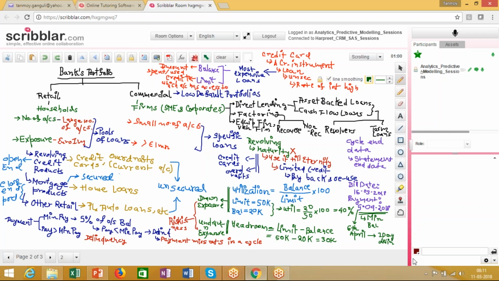Now understanding this delinquency is very important because when I am trying to assess the riskiness associated with credit cards, right, this date variable is something which is really very important, right? So that's one part.